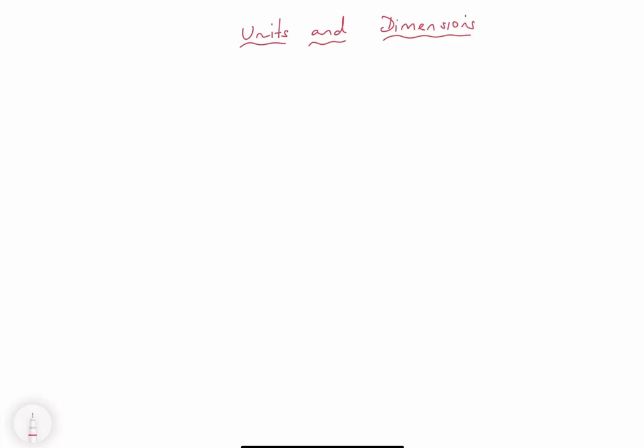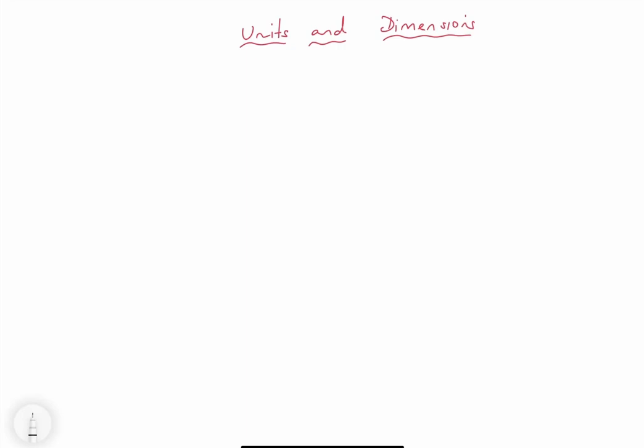In this chapter, units and dimensions, although this seems like a new chapter, you'll be familiarized with all the new terms of physics, whatever field it may be related to, electromagnetism, optics, modern physics, whatever.